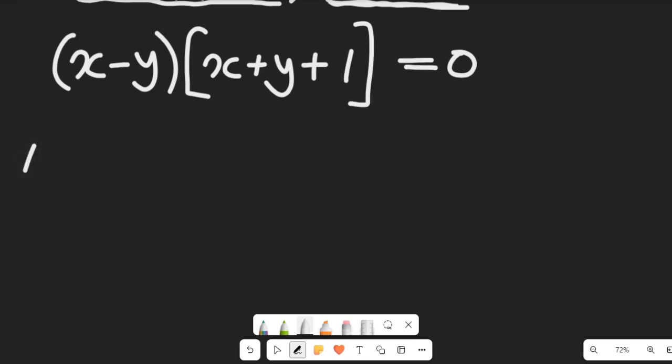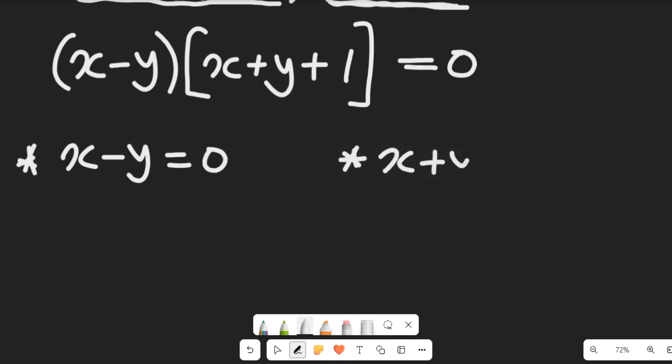So we're going to have the first case to give us x minus y equal to 0, and then the second case to give us x plus y plus 1 equal to 0.